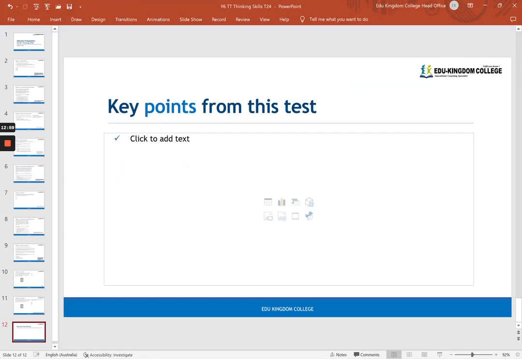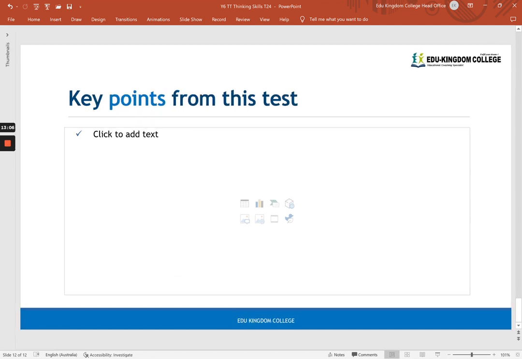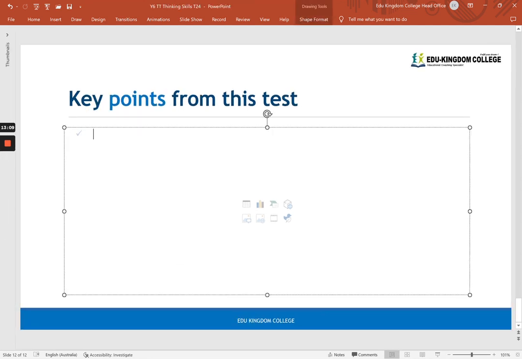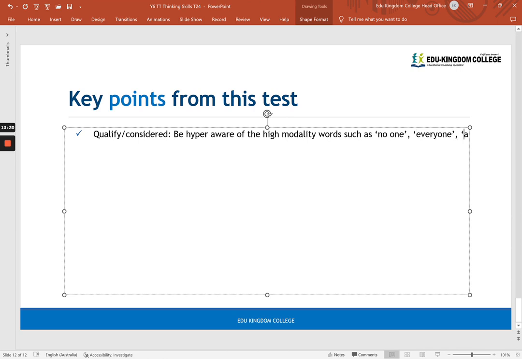Key points from this test. For qualify, considered questions, so will she be considered, one of those questions? Be hyper aware of the high modality words, such as no one, everyone, all, none.